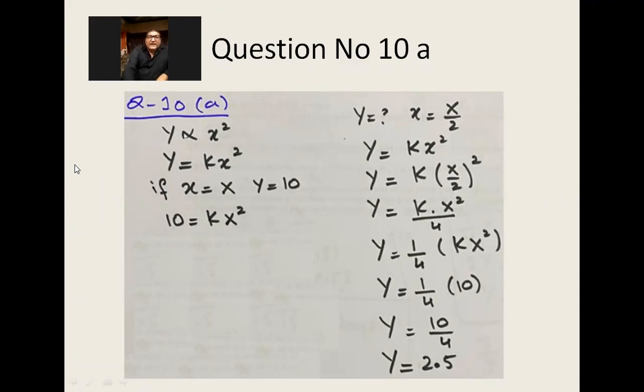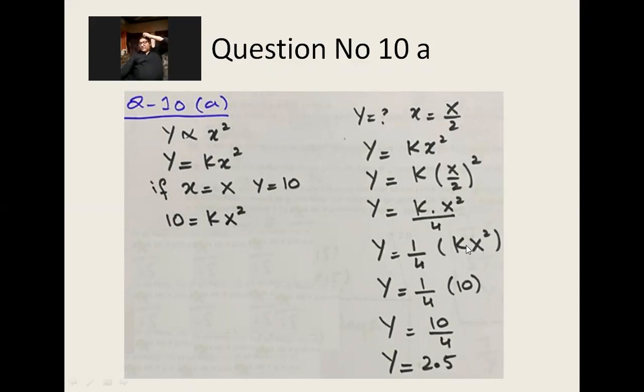Question number 10, A part. y is directly proportional to x squared, so y equals kx squared. Suppose the x value is x and y is 10, that's given. So it will be 10 equals kx squared. The question is, what will be the value of y when x is half of the previous x value? So y equals k times (x by 2) whole squared, so it will be x squared by 4.